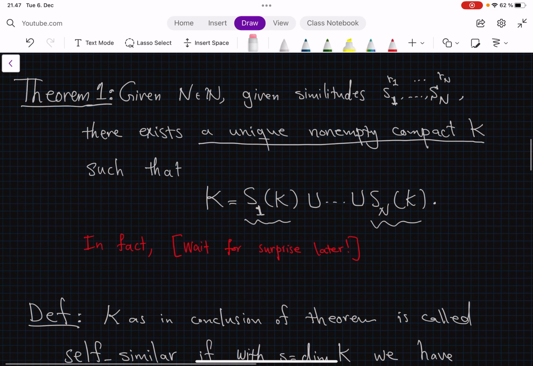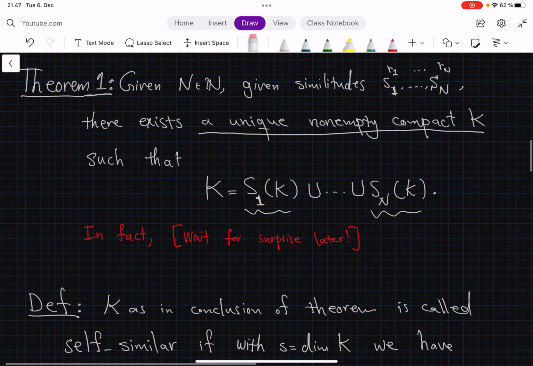However, per se, in this theorem, we did not assume anything about whether these pairwise have any intersections. And that is good because that makes the theorem even more interesting, that even if you have that kind of overlap, it doesn't ruin existence of such invariant sets.